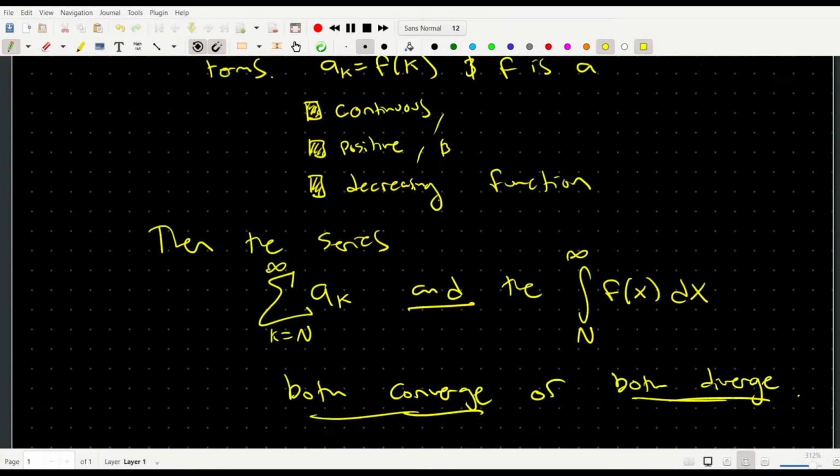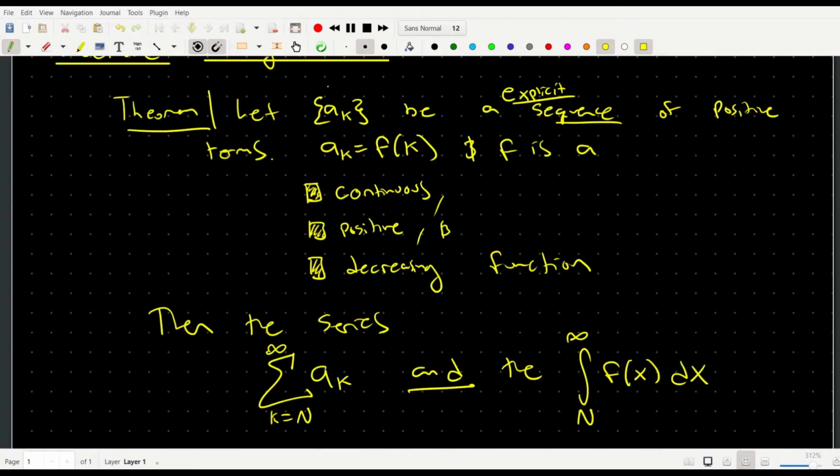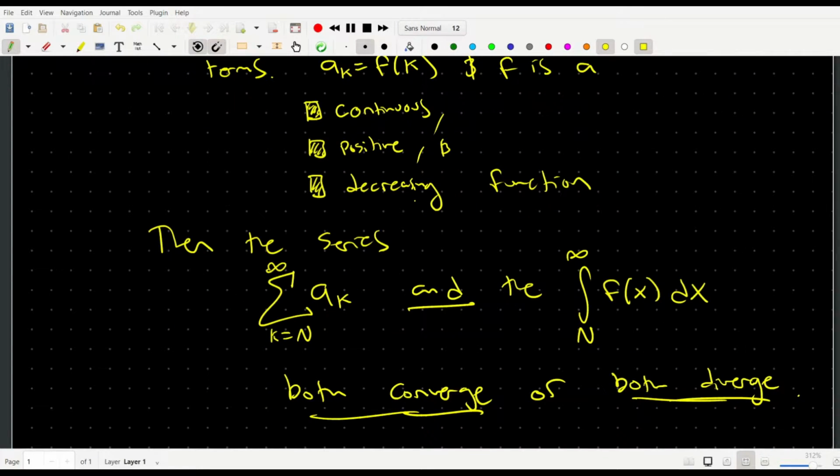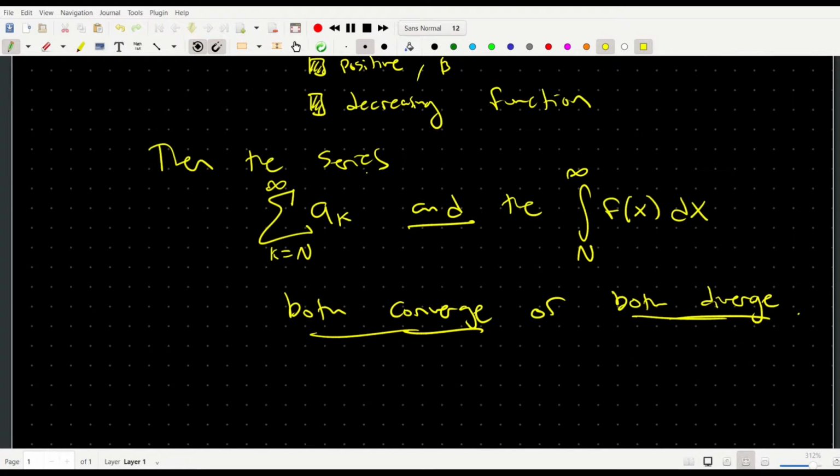integral test. It's basically saying that given a series that's in explicit form and comes from some function f, where f is continuous, positive, and decreasing, the series itself has to do whatever the improper integral of that function f is doing.